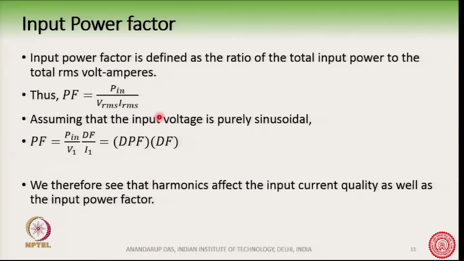Now, V RMS is the same as V1, so P in by V1, and I RMS is I1 divided by the distortion factor, from the definition of distortion factor. Therefore, the input power factor is equal to the distortion power factor into the distortion factor.